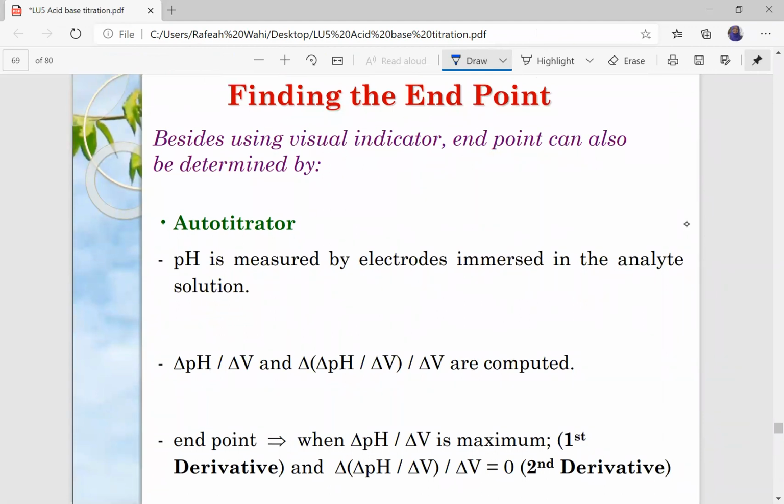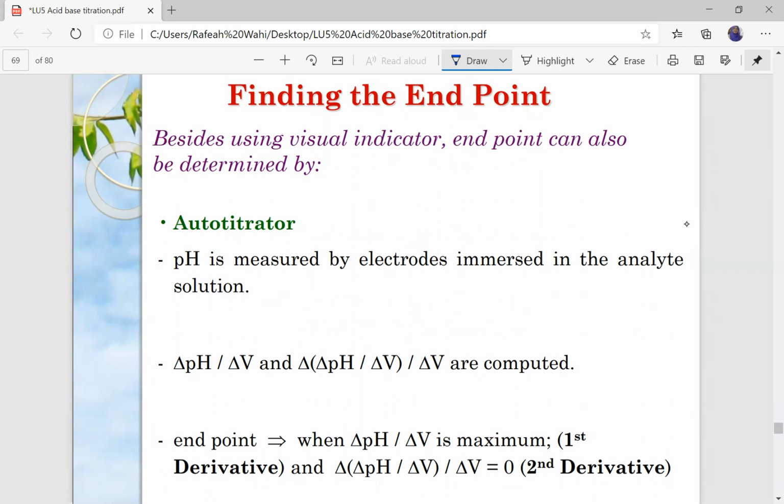Besides using a visual indicator, the endpoint can also be determined by using an auto titrator. Okay, so using an auto titrator, pH is measured by electrodes immersed in the analyte solution. So from the electrode, the change in pH is computed.